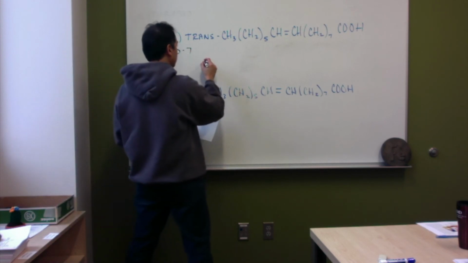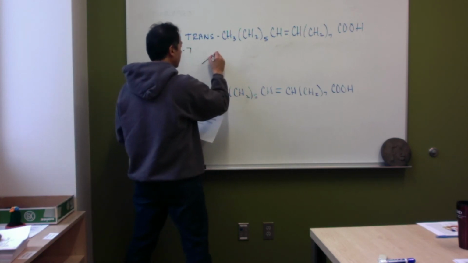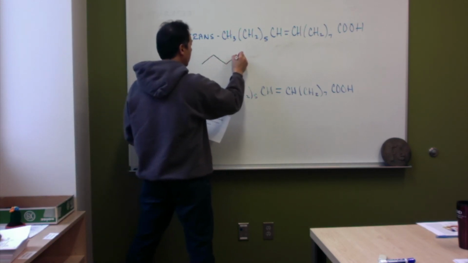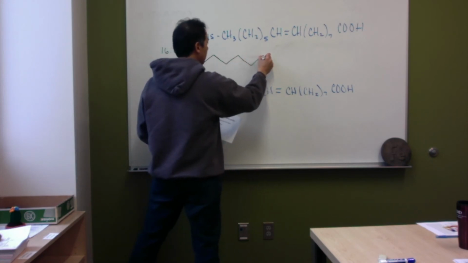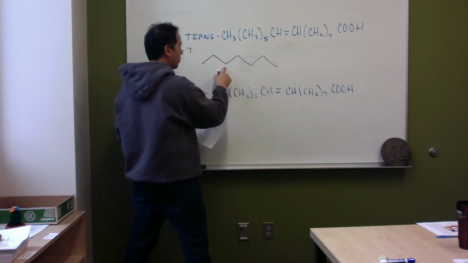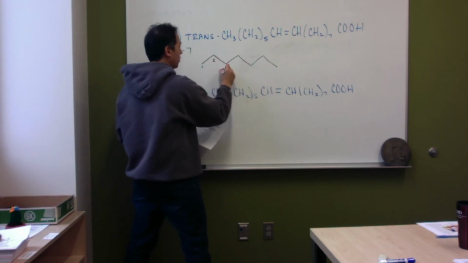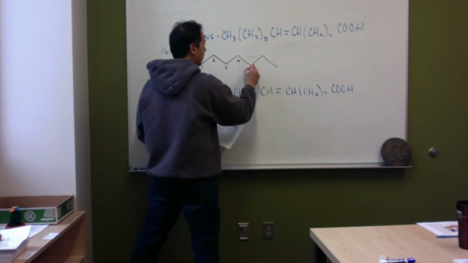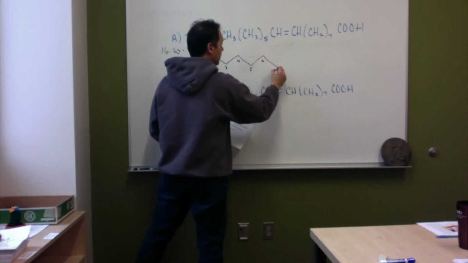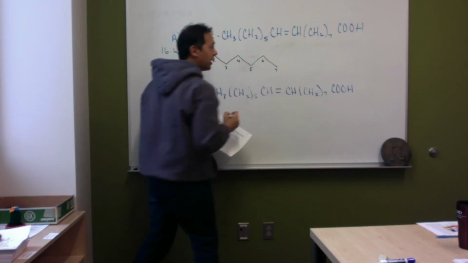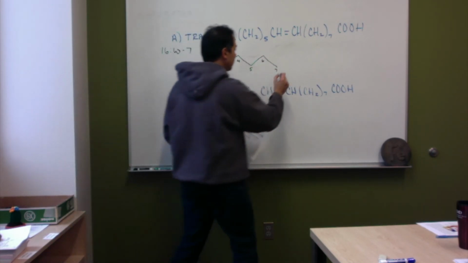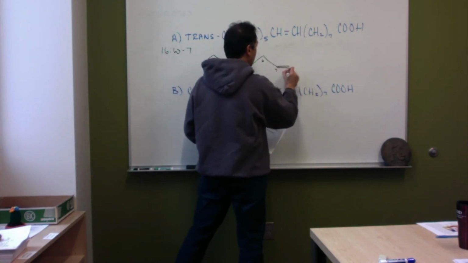So I'm going to go like this. I'm going to go 1, 2, 3, 4, 5, 6, 7, like that. And then I have my double bond, like this.